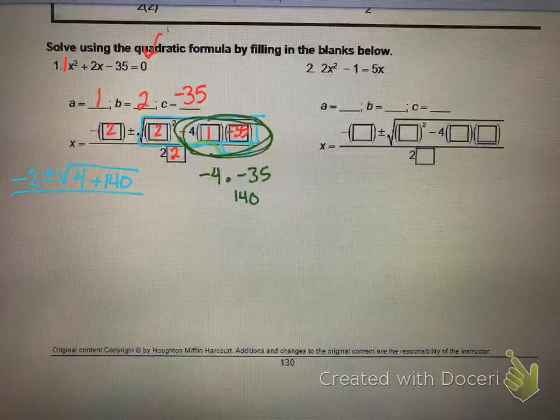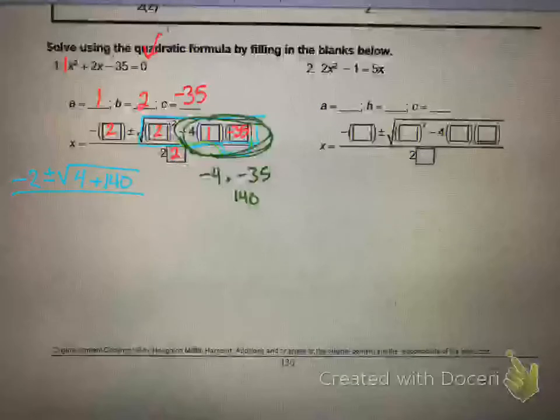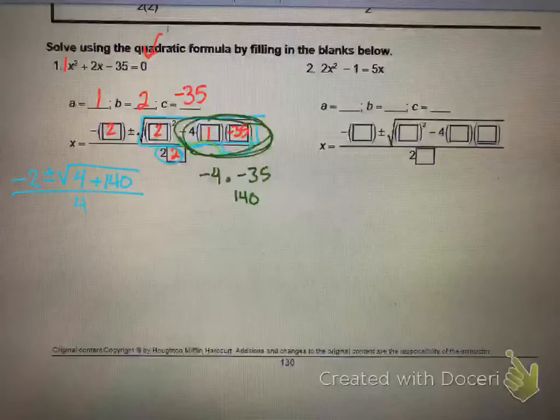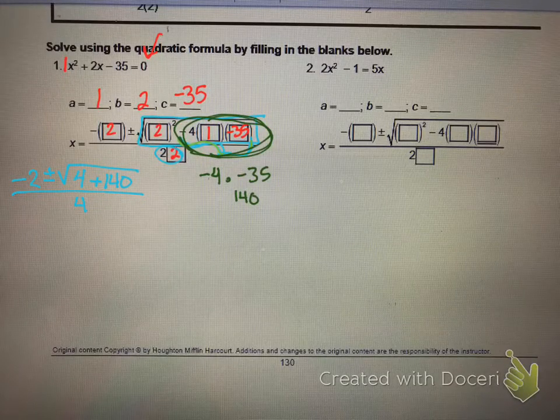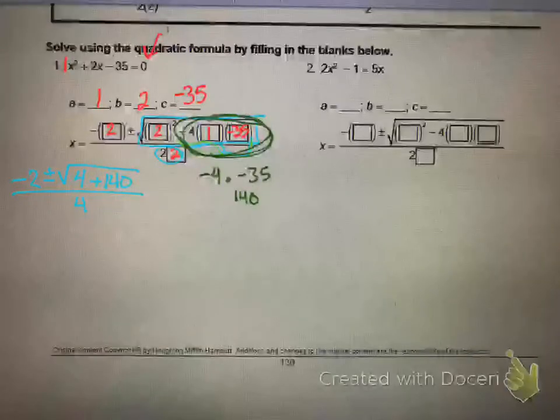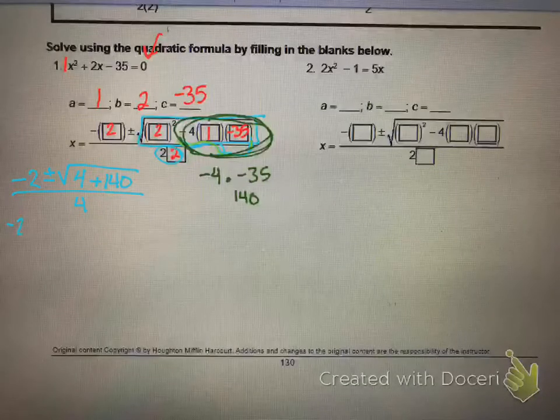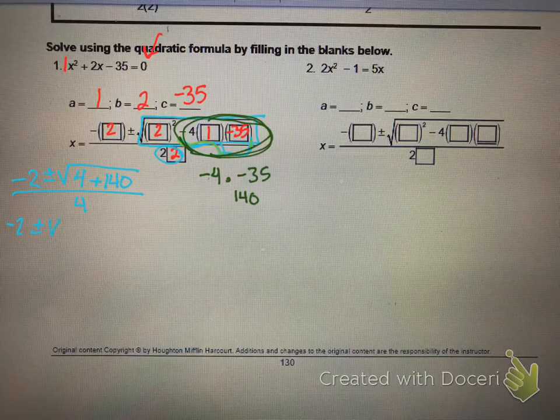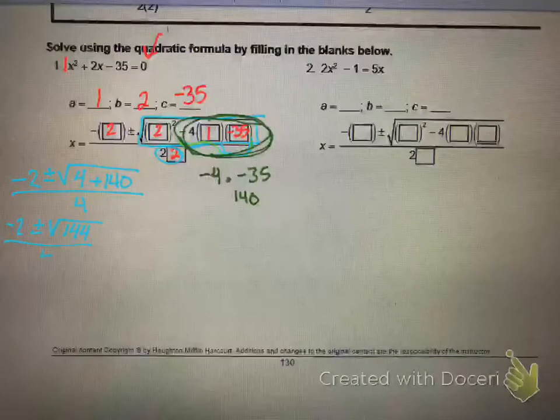And then all of that is divided by 2 times 2, which is 4. So what I'm going to do is just simplify these numbers. Continue simplifying inside your radical or your square root sign. So 4 plus 140 is 144 all over 4.